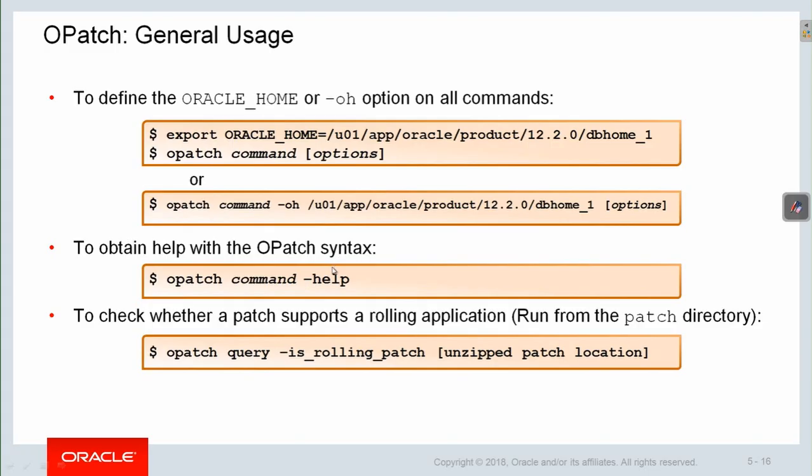Also, to see whether a patch can be applied in a rolling fashion, you can run opatch query -is_rolling_patch. That is an option you can use to check whether the patch can be installed in a rolling fashion.